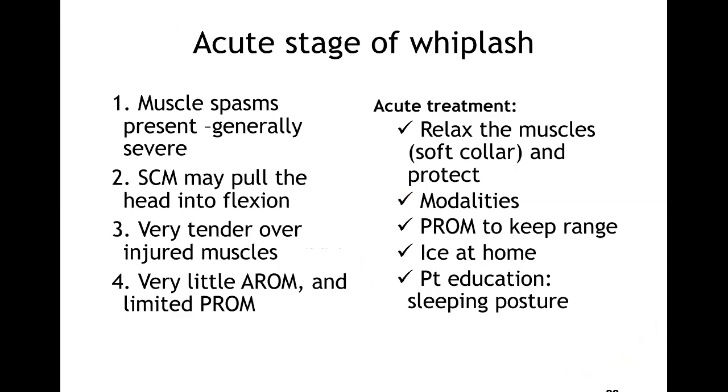Our treatment can be to relax those muscles, maybe wearing a soft collar to protect it in place. Modalities may be indicated, passive range of motion just to keep the little bit of range that is available, icing at home just to decrease some of that inflammation and swelling, and patient education on proper posture, so they make sure not to re-injure or exacerbate that pain that they're having.